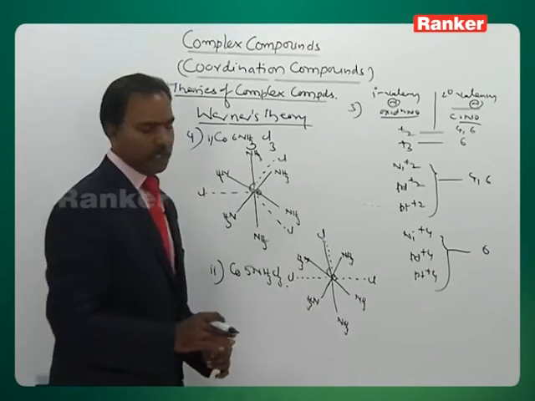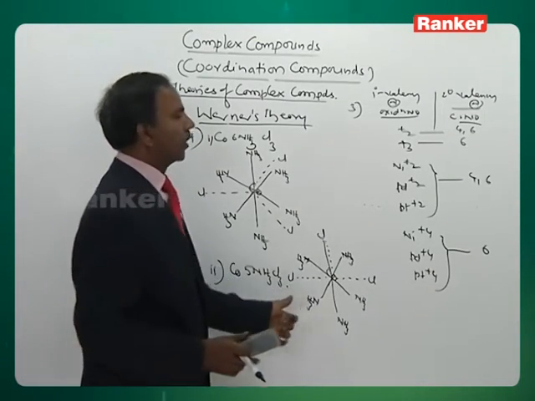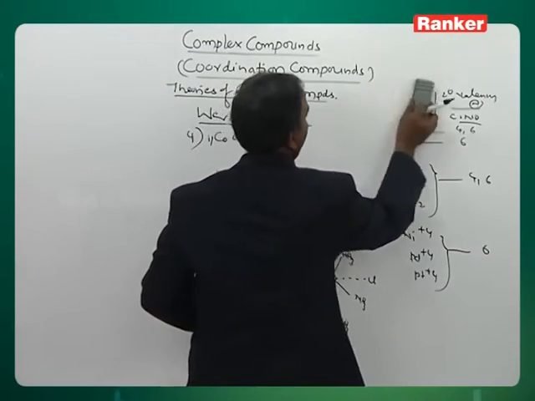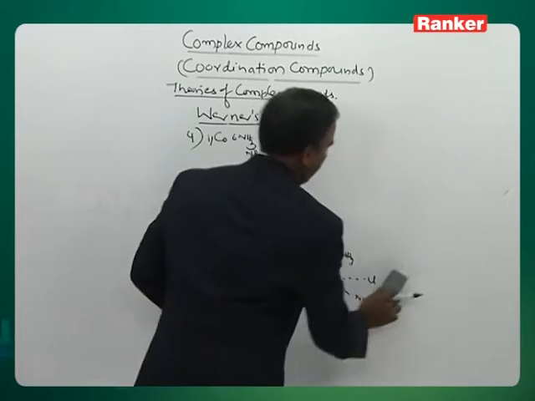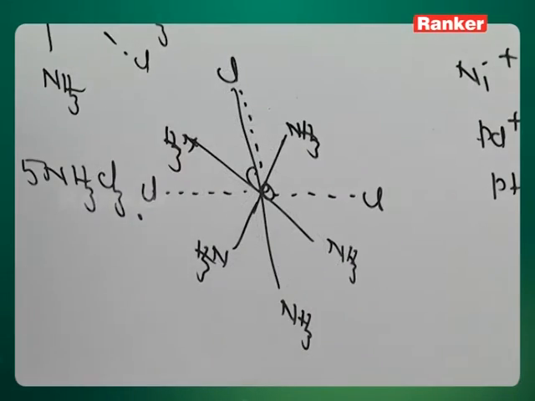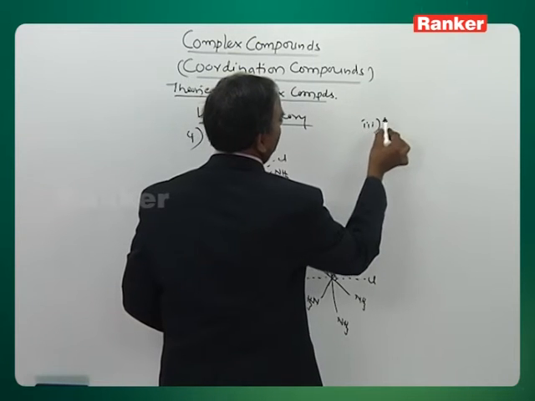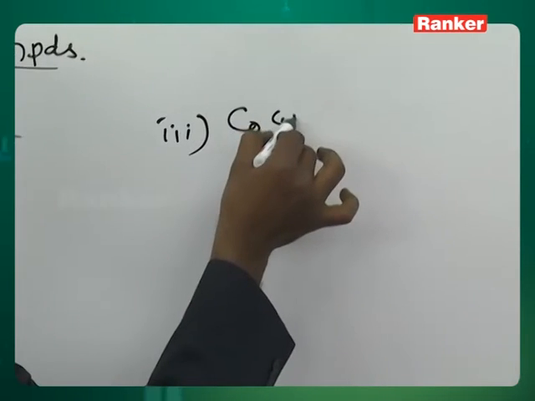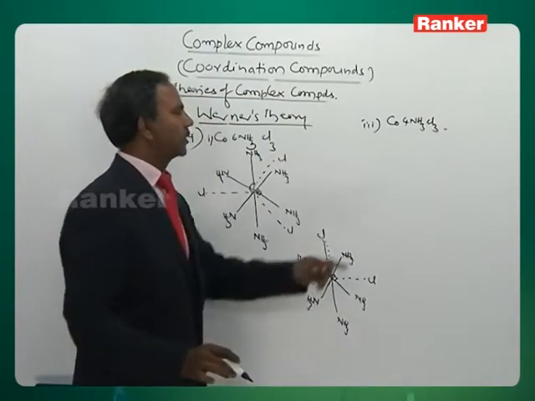I will write 2 more complexes on the board, then you can understand the duality and how to write a dual ligand. The third complex is [Co(NH3)4Cl2]Cl. Look at this complex.